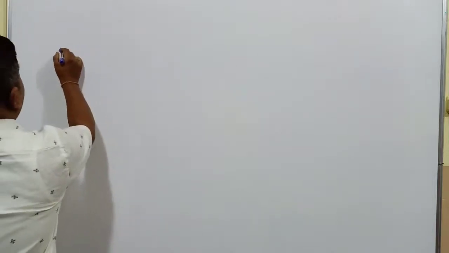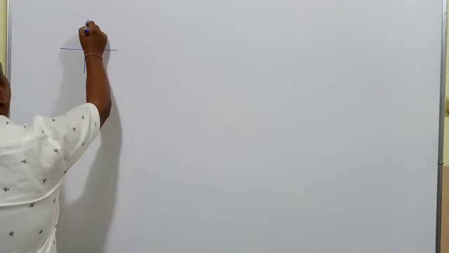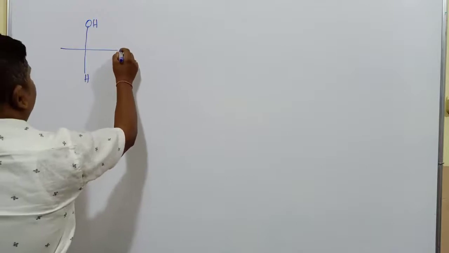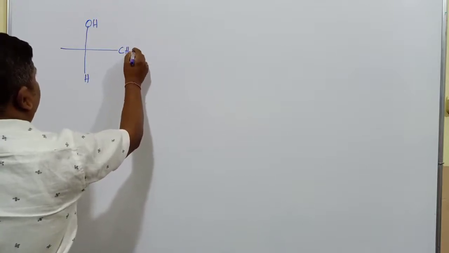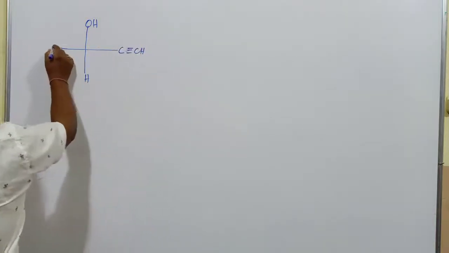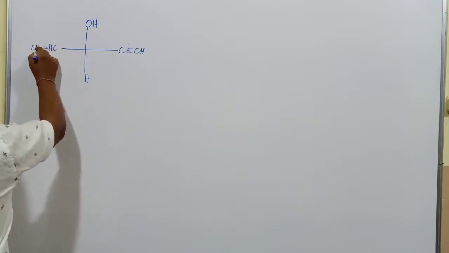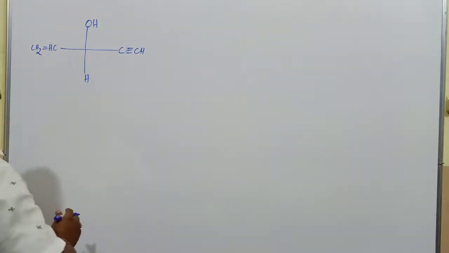Probably most of the students have answered that question, and that molecule was, this is the group, it is having OH, this is having H, this one was having C triple bond CH, and this was CH double bond CH2. So this was the molecule we mentioned yesterday at the last point of time.